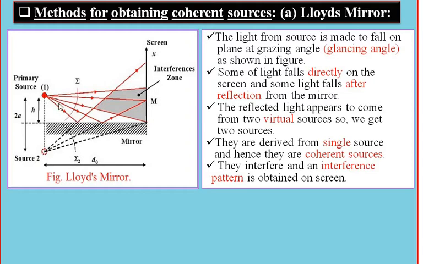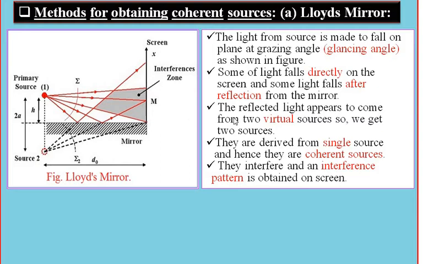Light is incident on the plane surface at a grazing angle, and due to the plane mirror the light gets reflected. Some of the light falls directly on the screen, as shown in the figure, and some light falls on the screen after reflection from the mirror.